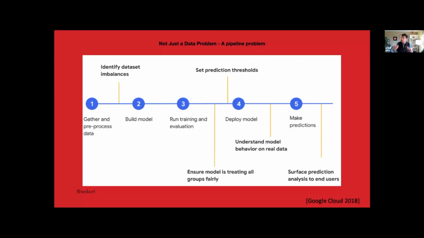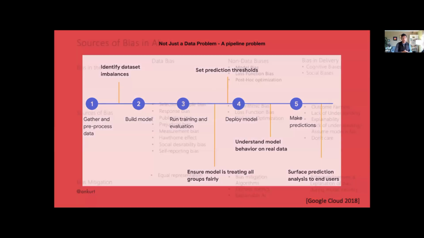And it's not just a data problem, it's actually a pipeline problem because we gather and preprocess data, we identify imbalances in that data, we build models, we run training and evaluation, we deploy models, make predictions, etc. So the whole plumbing is actually very, very deeply affected by this issue of bias in the system.